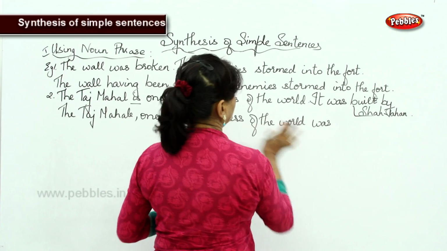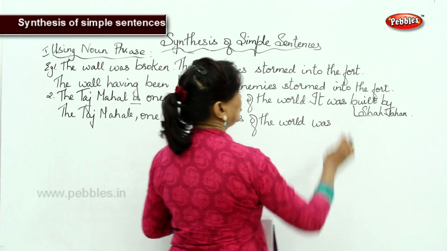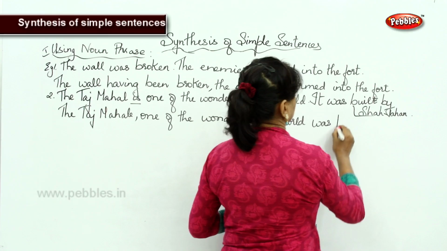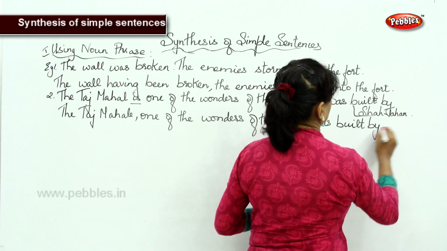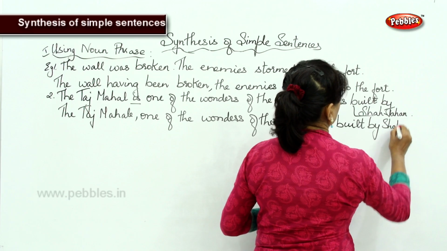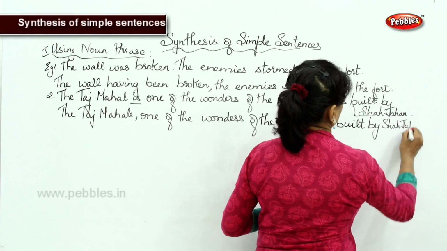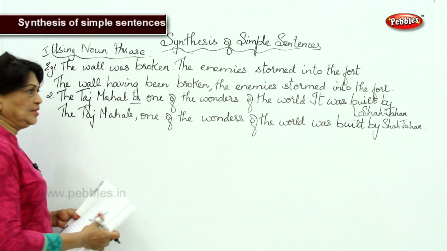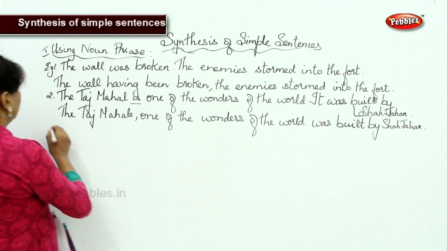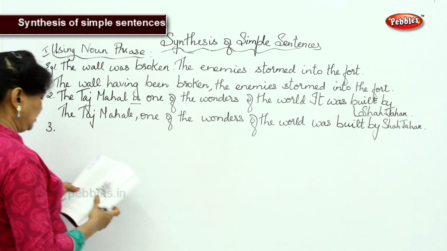Now instead of that finite verb, we are using only this. This is another way of changing. Okay, is that clear? Next sentence.